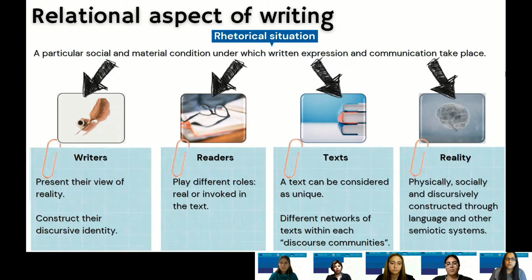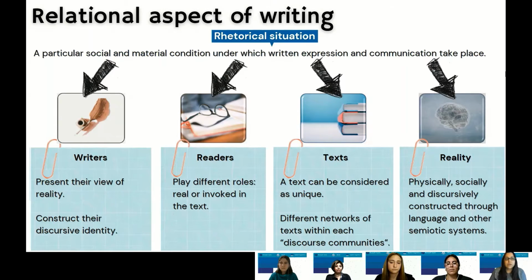Other texts also provide a pool of discursive features that may be appropriated by the writer in order to achieve similar rhetorical effects, and by the reader in interpreting the text. In many cases, each local discourse community develops its own networks of texts that are shared by its members.